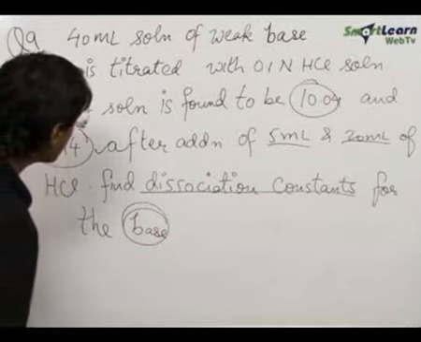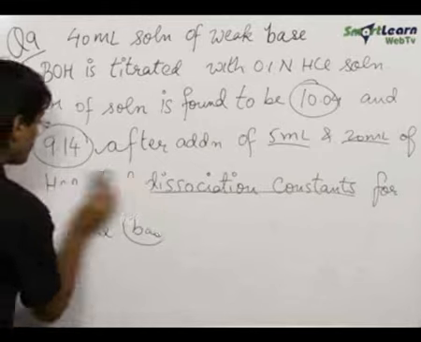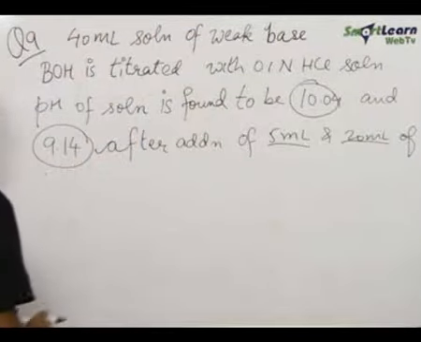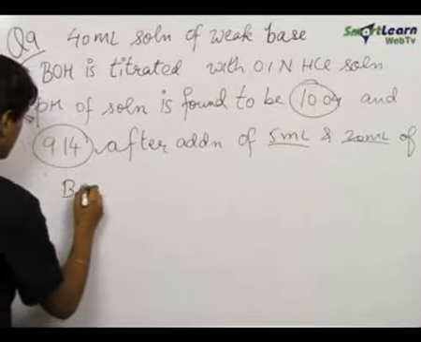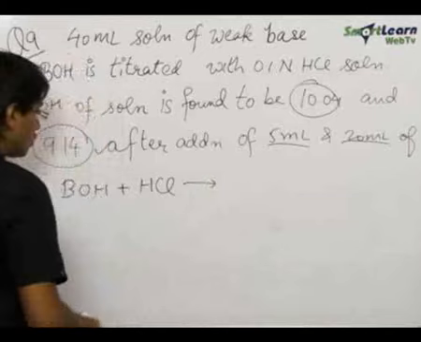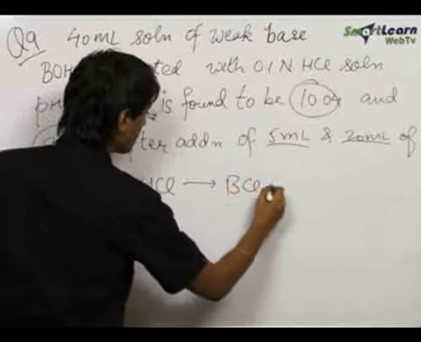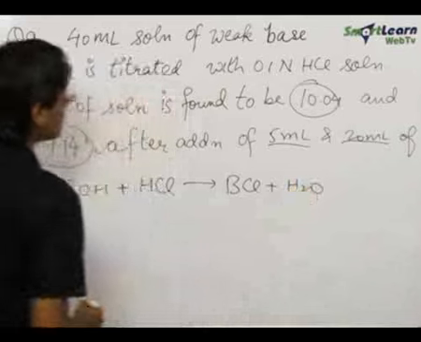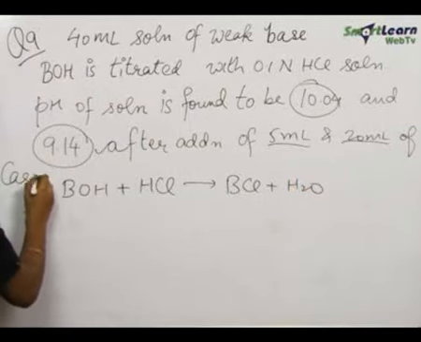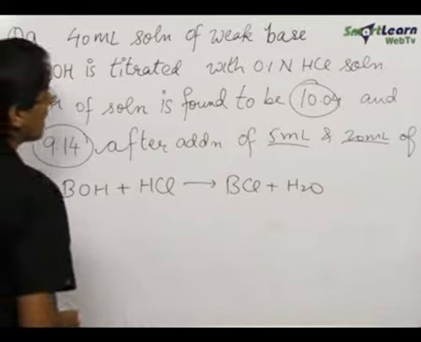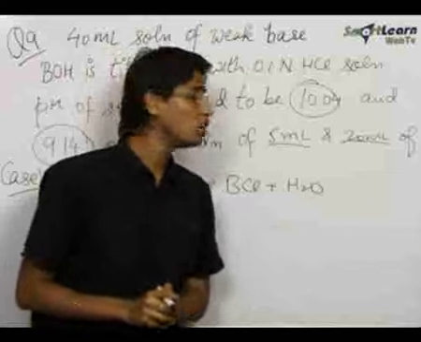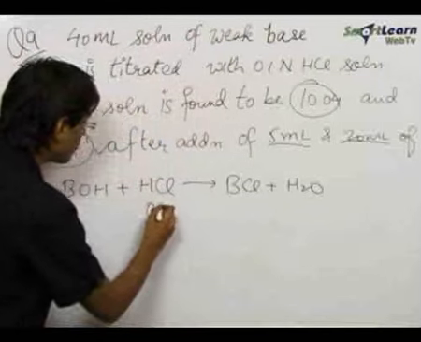Now let us consider the reaction between the weak base and the strong acid HCl. BOH plus HCl undergo the neutralization reaction to form BCl plus H2O. Consider the case first when 5 ml of HCl has been added. So the number of millimoles of HCl is 0.1 into 5, that is 0.5 millimoles.